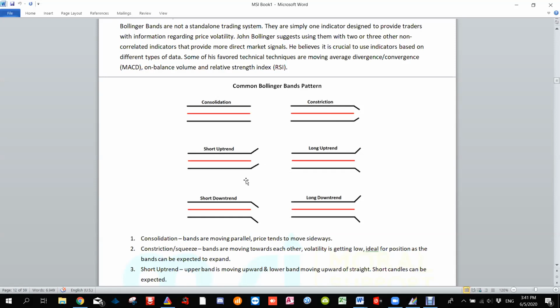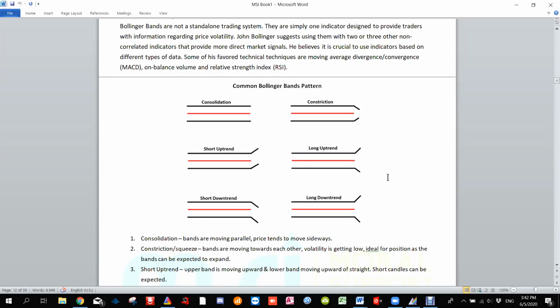The next one is the short uptrend. In a short uptrend, the upper band and the lower band are both pointing upwards. In a downtrend, both are pointing down. Next is the long uptrend and long downtrend.